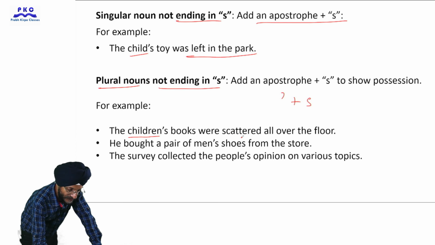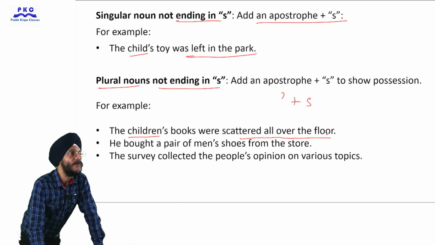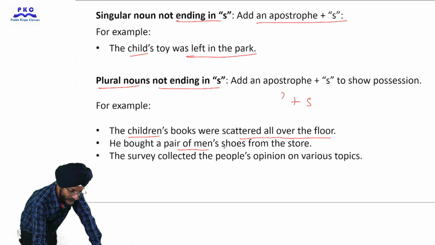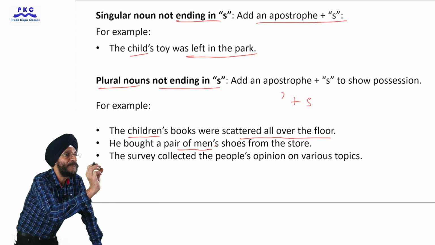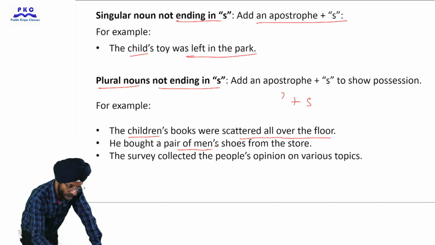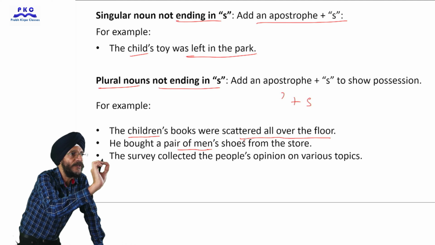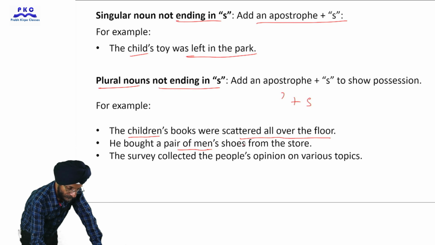Children's books were scattered all over the floor. He bought a pair of men's shoes. Men is a plural noun. Here the plural noun does not end in s, it ends with n. So here we will add apostrophe plus s. He bought a pair of men's shoes from the store.